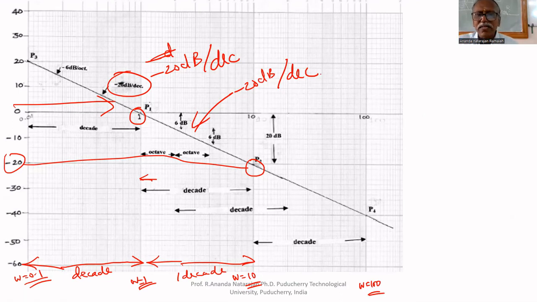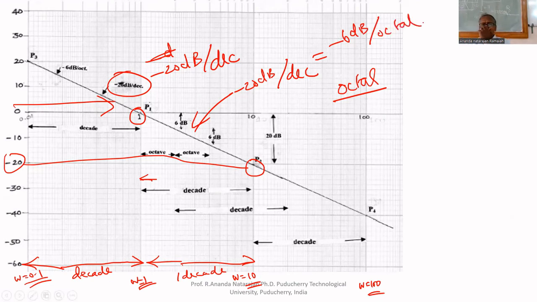Another scale is there, that is called the octave. Minus 20 dB per decade and minus 6 dB per octave are the same. 6 dB per octave means the frequency will be doubled. Here it is 0.1, here 0.2, doubled.